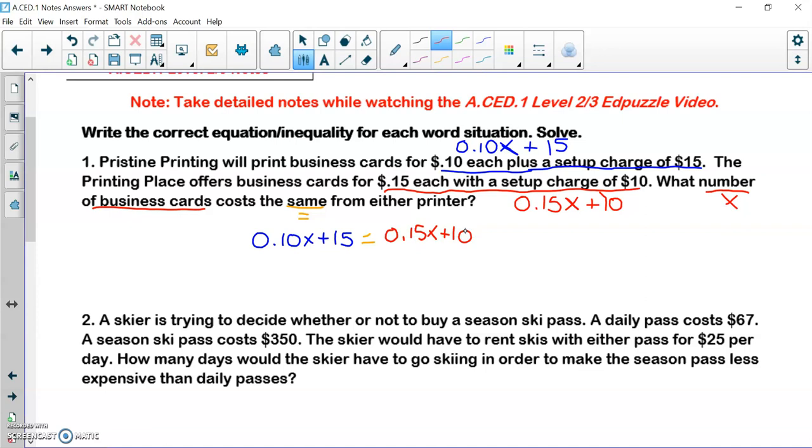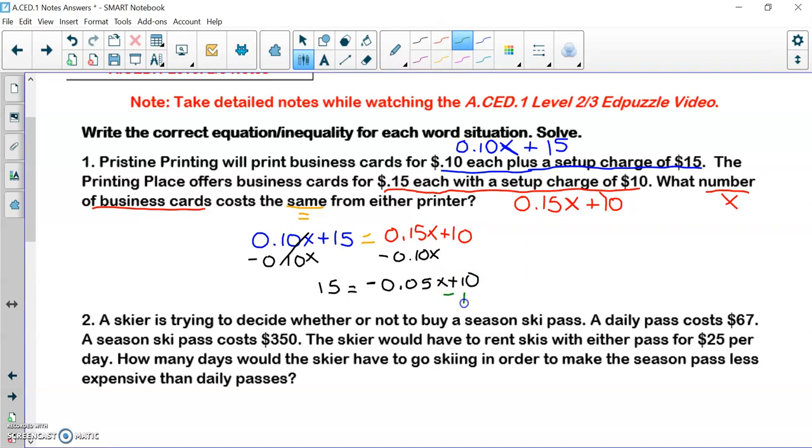And now I'm going to solve for X, and this is just a standard equation. We're going to get the X on one side, so I'm going to subtract 0.10X from both sides. And when I do that, I have 15 is equal to 0.05X plus 10.